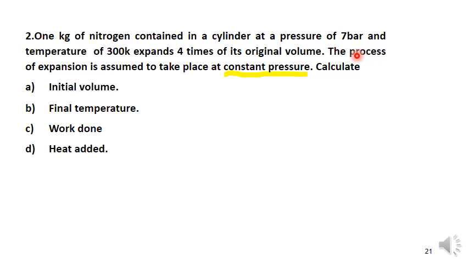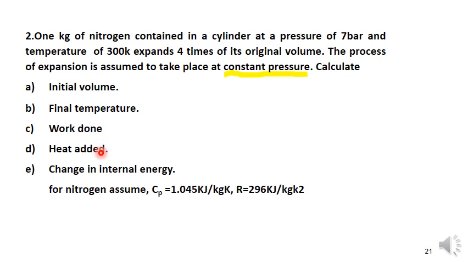The process of expansion is assumed to take place at constant pressure. Calculate initial volume, final temperature, work done, heat added, and change in internal energy. For the nitrogen, they have given the Cp value and the R value also.